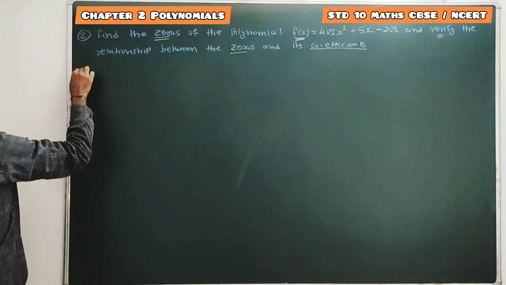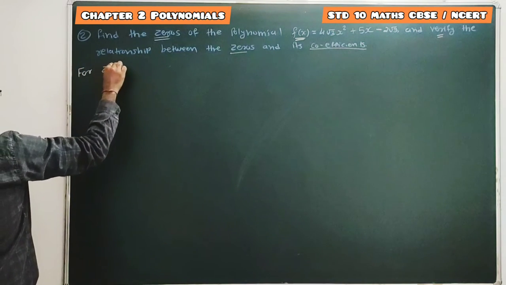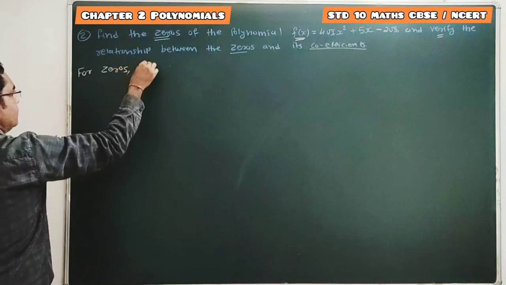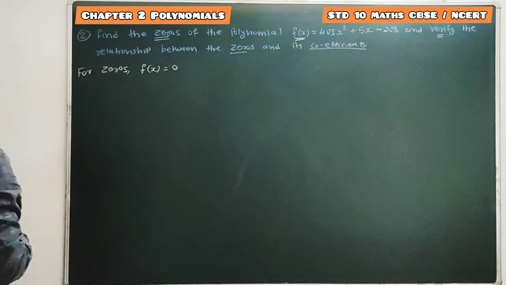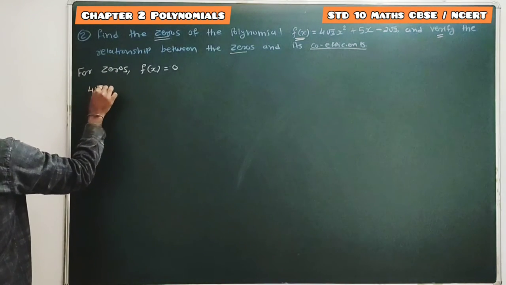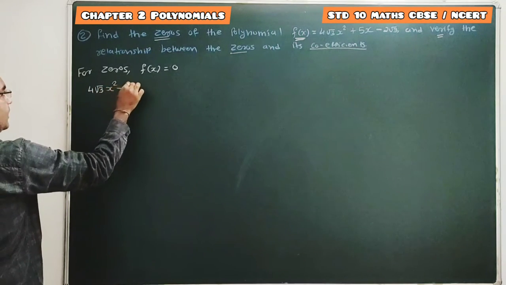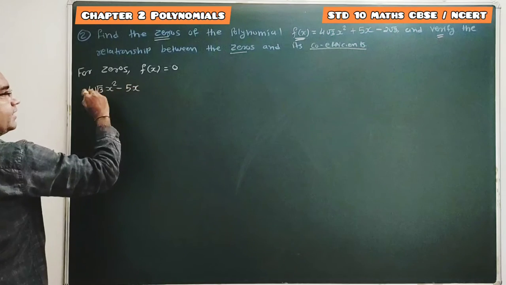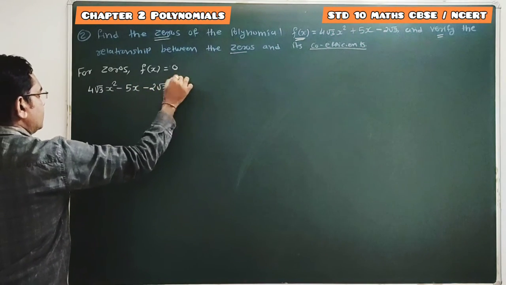So we know that to find zeros, we have to compare the given polynomial with 0. So the given polynomial is 4 root 3 x square minus 5x minus 2 root 3 equal to 0.